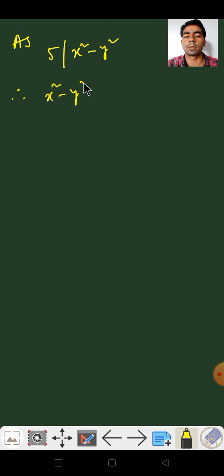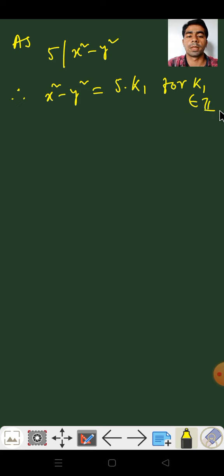As 5 divides x square minus y square, therefore x square minus y square will be 5 into k1 for some k1 belongs to Z. There exists such k1 as we have already taken that x is related to y.